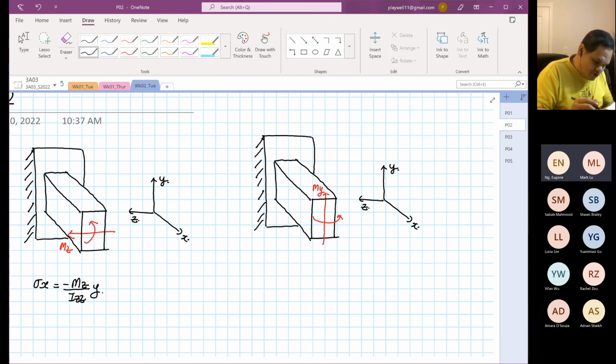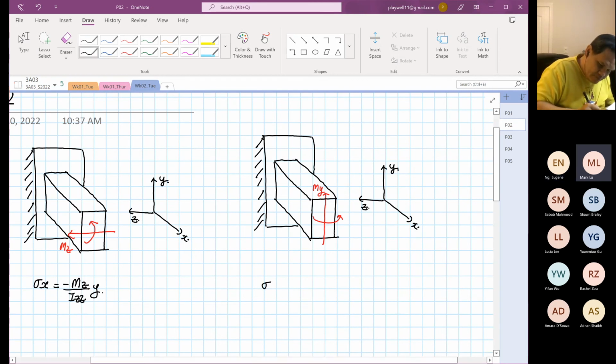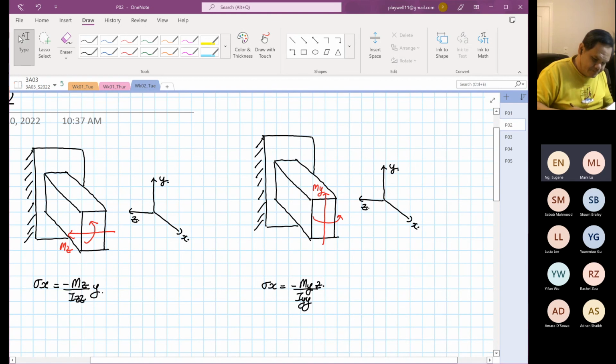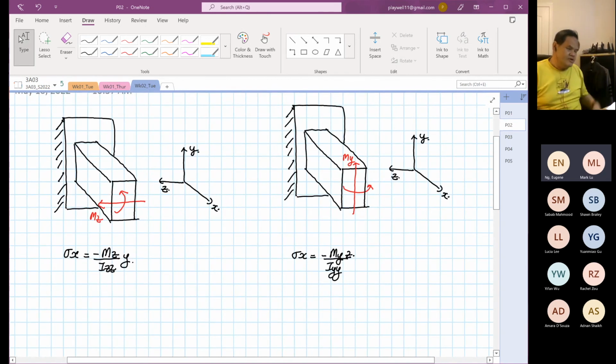Here we are calculating stress X is equal to minus My over Iyy multiplied by z. Both of them are what we call symmetrical bending. As you can see, the moment is only applied on one axis. That's how we classify symmetrical bending.